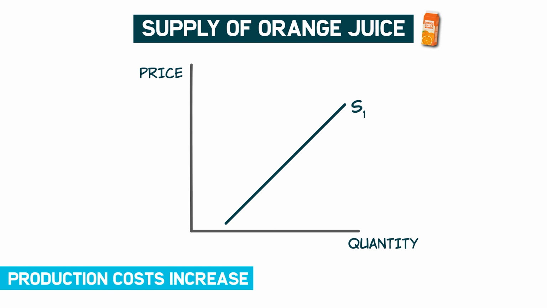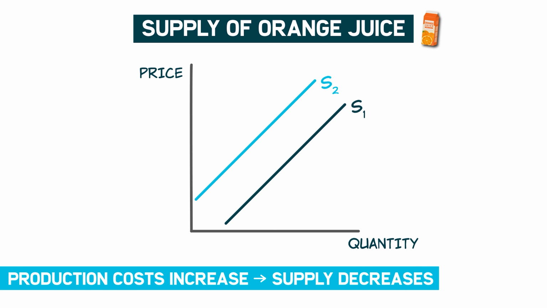To take advantage of next year's price, farmers may freeze some of their orange juice to sell it next year instead of selling it all today. So if farmers expect higher prices next year, they will reduce supply today. In other words, shifting today's supply curve up and to the left.